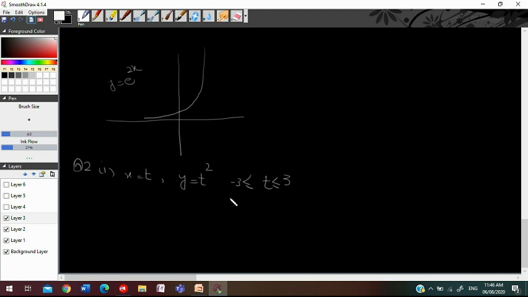This is the same question as we have done in the example. So I'm going to solve the third part of your question, that is x is equal to secant theta and y is equal to tan theta. Okay, x is equal to secant theta and y is equal to tan theta.